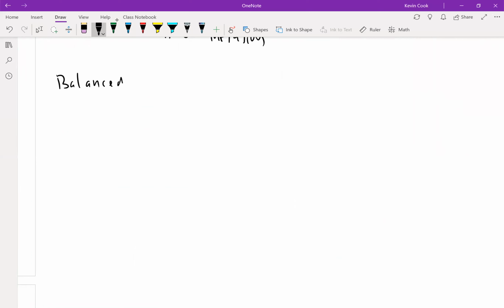So we're talking about a balanced budget. And the big reason for it, at least to me, is fairly straightforward. It's largely about government spending accountability.